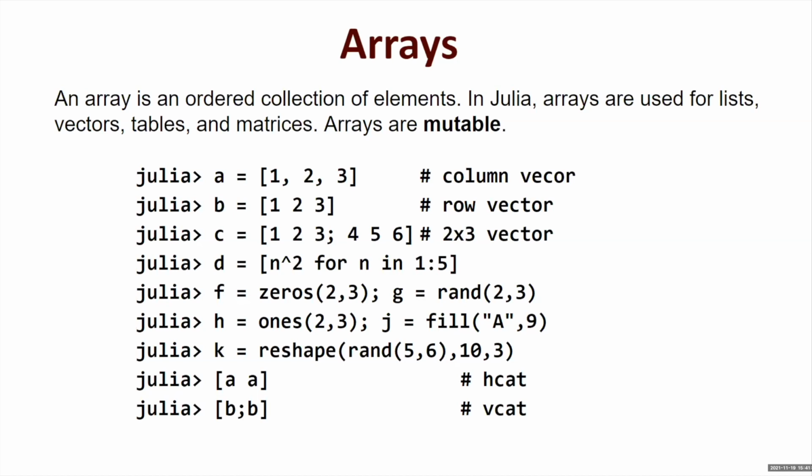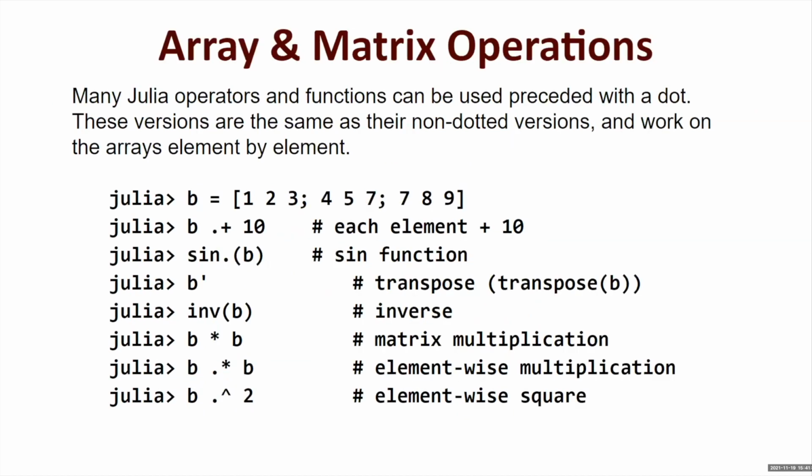You can also do horizontal concatenation and vertical concatenation. If you put a semicolon there, B and B will be vertically stacked together. So for the array and matrix operations, as you can see here, the dot operation will be used.